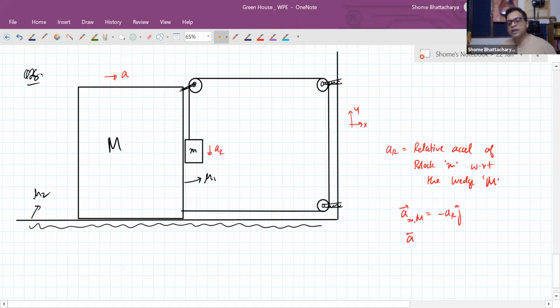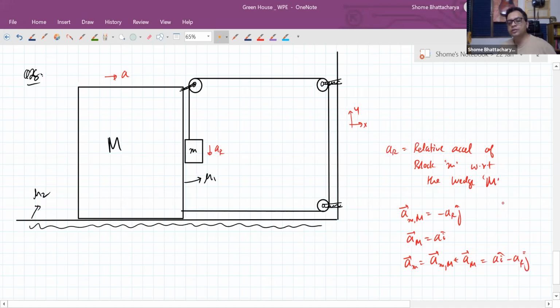Whereas the acceleration of capital M in ground frame is A_I cap. So that is why the net acceleration of the block will be the sum of these two. So it will be A_I cap minus A relative j cap.